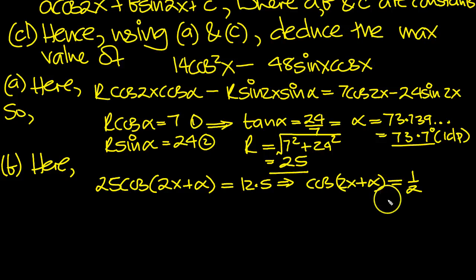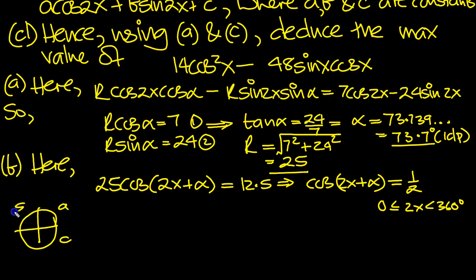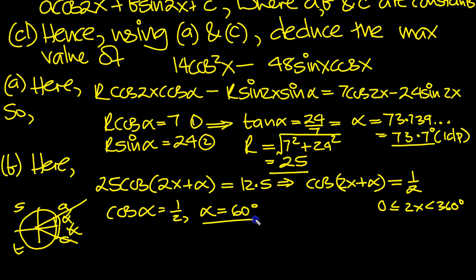Now x goes from 0 to 180, so 2x will go 0 to 360 degrees, won't it? Draw a circle, customarily. Right, CAST. Cosine is positive here and here, so draw 2 lines. Mark off the associated acute angle to the horizontal and simply write cos alpha equals a half. We know that alpha will be 60 degrees in that case, don't we? Cos of 60 is a half.